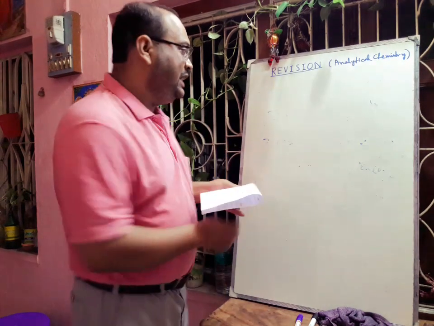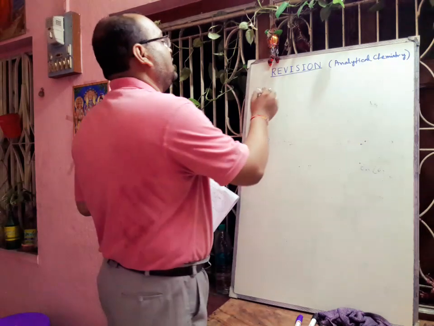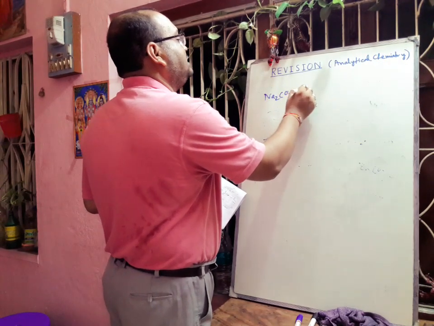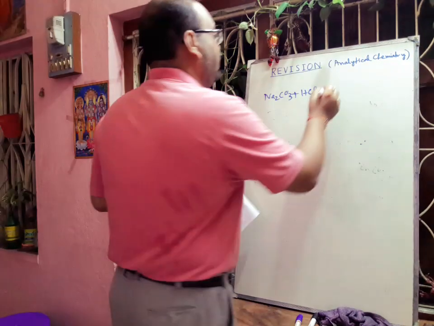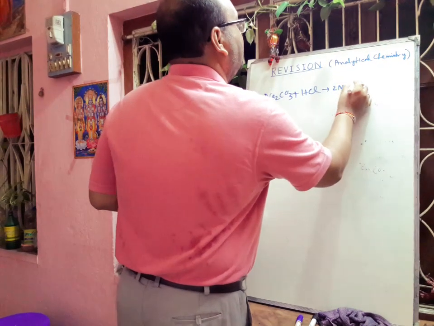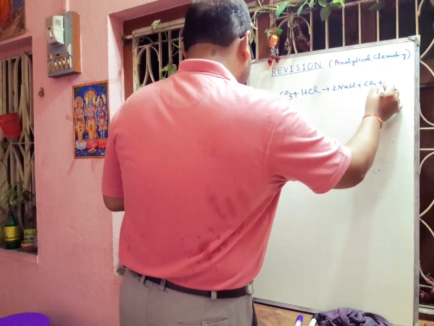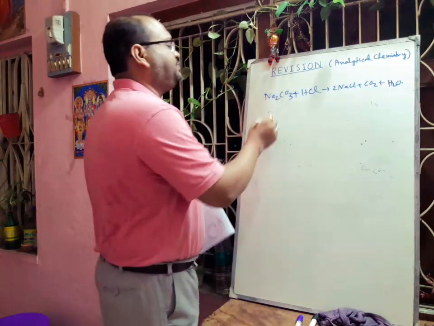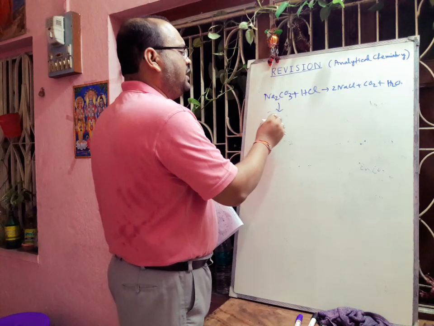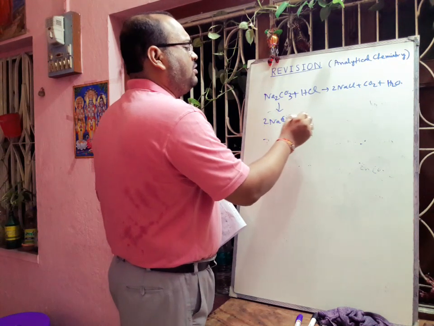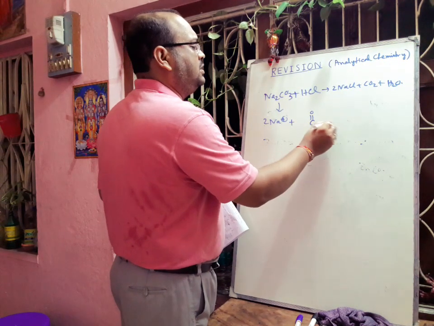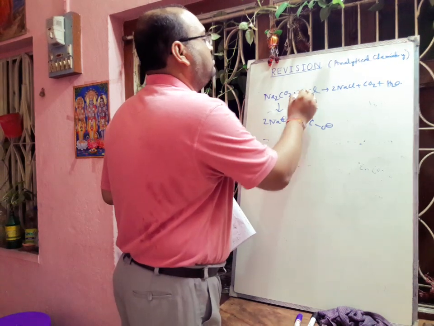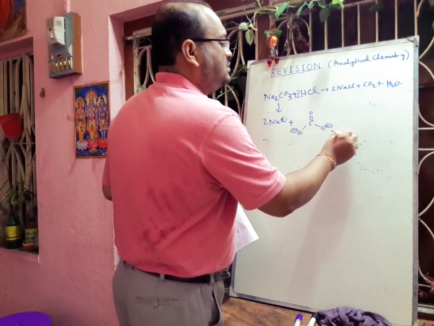If you think about one reaction, you can easily understand. Sodium carbonate reacting with HCl forms 2 NaCl plus CO2 plus H2O. Actually, it dissociates into 2 Na plus and carbonate in aqueous solution, and this O minus will take up one H plus.